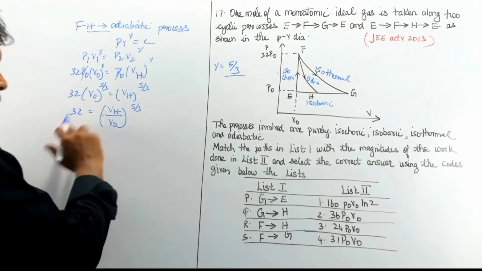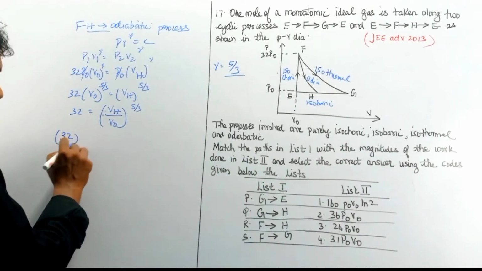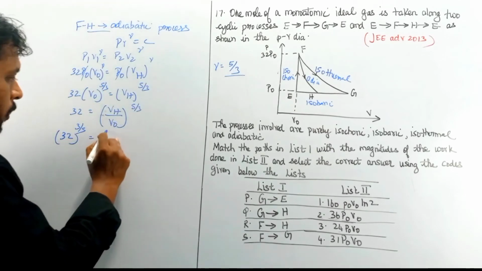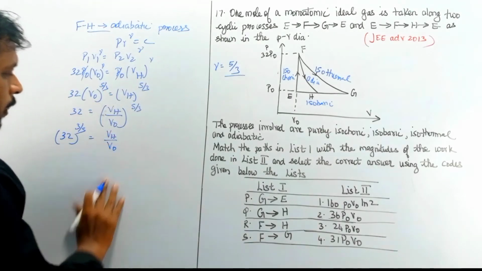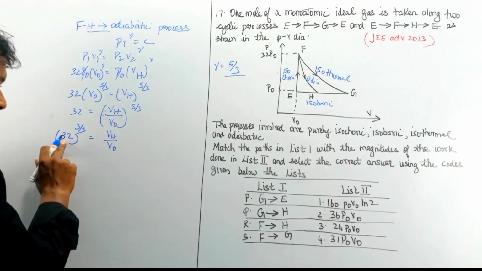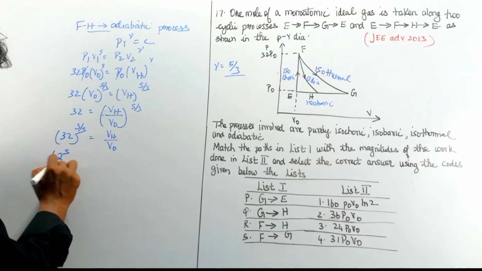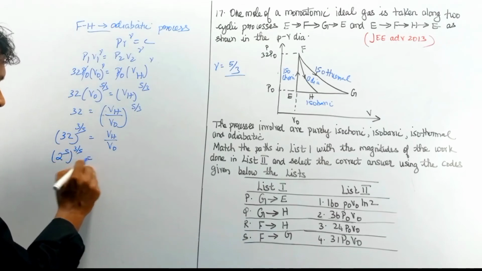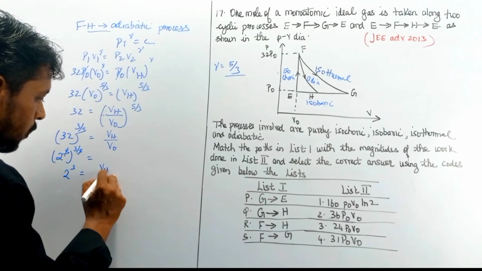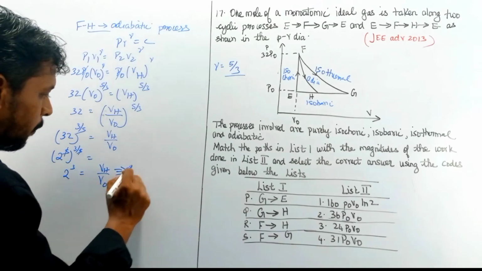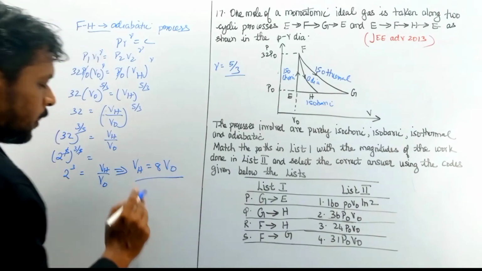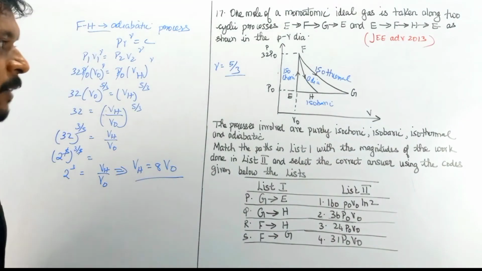So this could be written as 32 power 3 by 5 equal to VH by V0. The 32 could be written as 2 power 5, whole power 3 by 5. So 5 and 5 get cancelled, and the remaining is 2 power 3, which equals VH by V0, which implies VH is equal to 8 times V0.